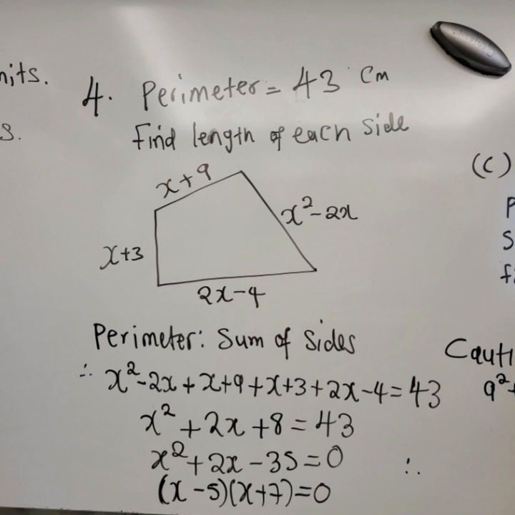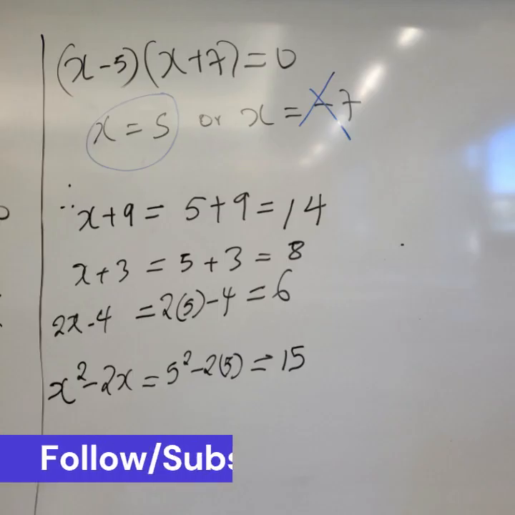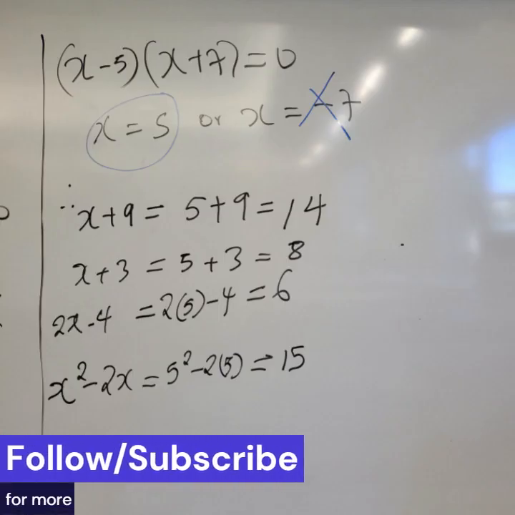So therefore, using x equal to 5, the length with x plus 9 is equal to what? Will just be 5 plus 9, which is 14. We go to the next one.